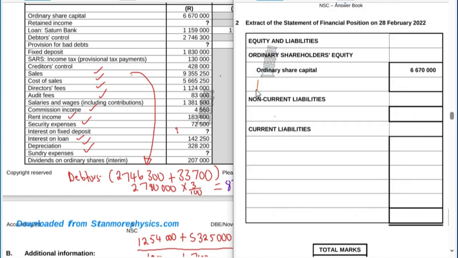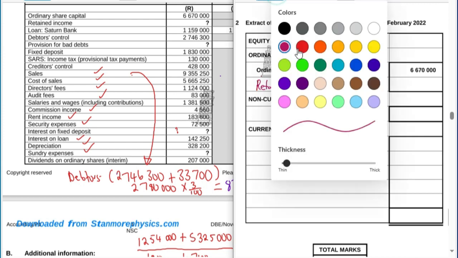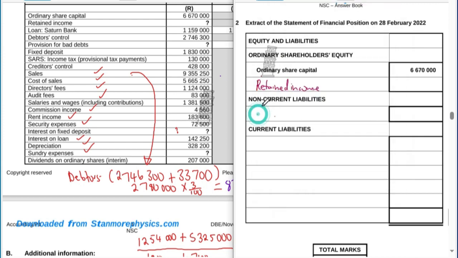and then we are going to have retained income. We know that ordinary share capital plus retained income equals our ordinary shareholders' equity. We are also going to have non-current liabilities.